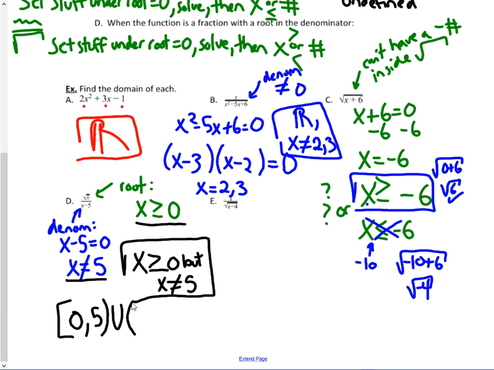This isn't the goal of today. This is just a little extra bonus if you want it. It's almost like we did from 0 to infinity itself, but since we have open brackets at 5, we are excluding that 5, and the union is joining these two together. That was a lot. Don't focus on that if that's confusing. That's just a little stretch.